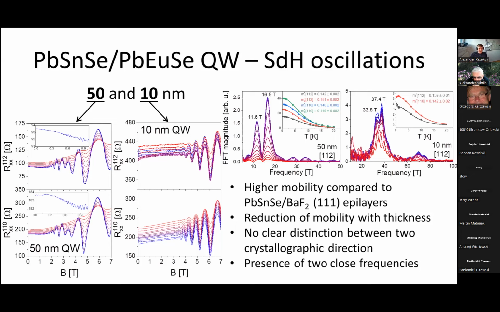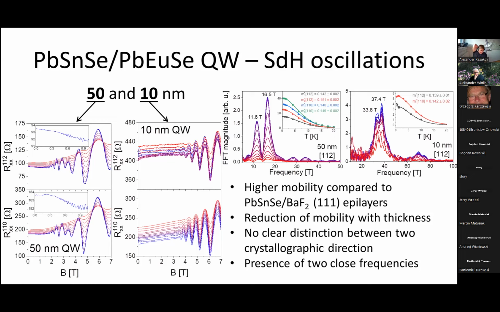From the temperature dependence, we can estimate the effective mass, which is approximately 0.14 to 0.15 of the electron mass, and that's the value which one can calculate from a simple k·p model for lead-tin selenide with this particular tin composition.